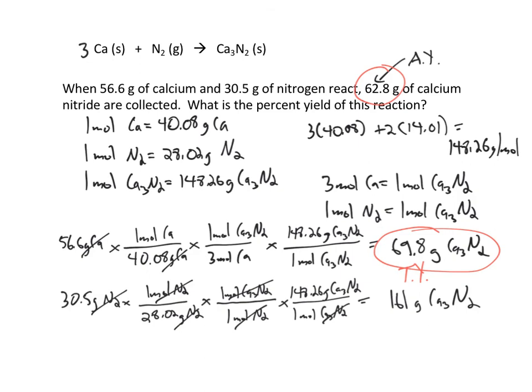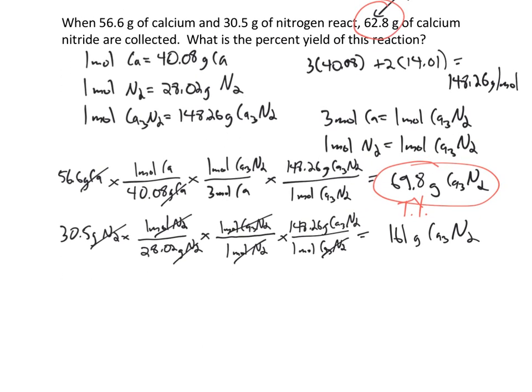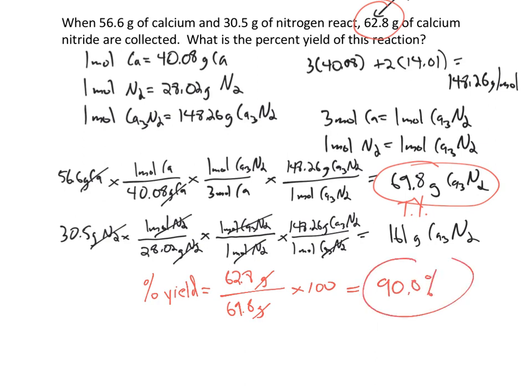So the percent yield then is the actual yield divided by the theoretical yield times 100. And when I do that to three significant figures, I get 90.0%. So that would be the percent yield of this reaction.